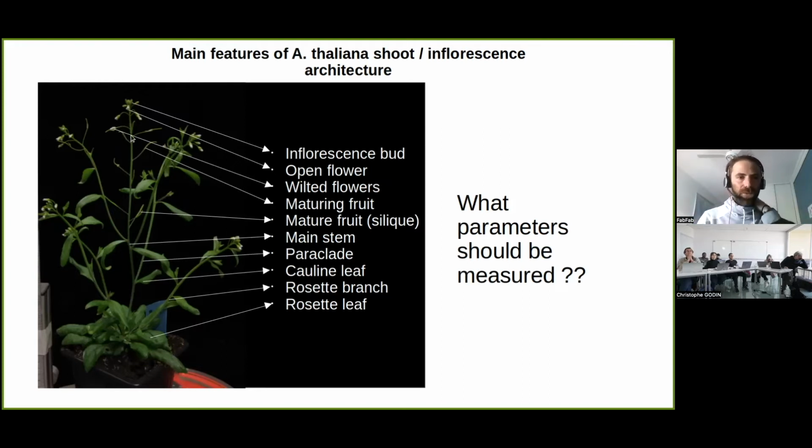So you all know that flowers can wilt, and it also happens in planta here. The only part that does not fall is the female part, which after pollination is transformed into a fruit.